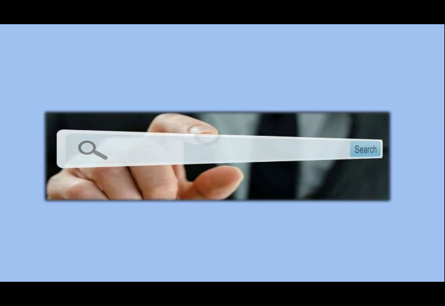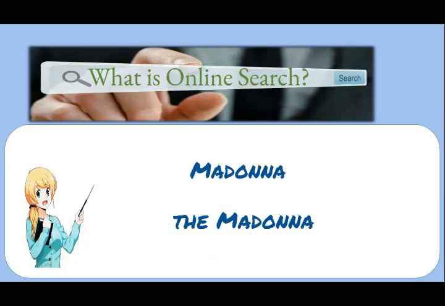In online search, let's see how we're going to search online. For example, have you experienced researching the word Madonna? Yes, the word Madonna and the Madonna. So, what is the difference between the two?